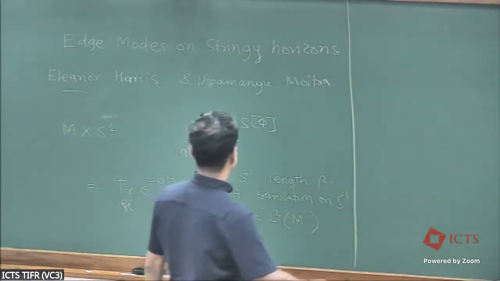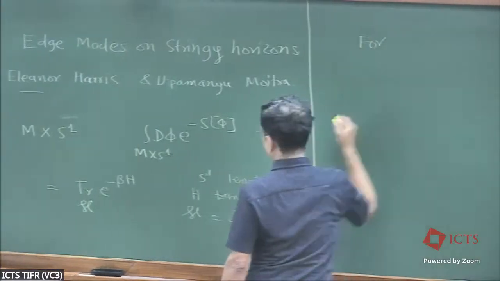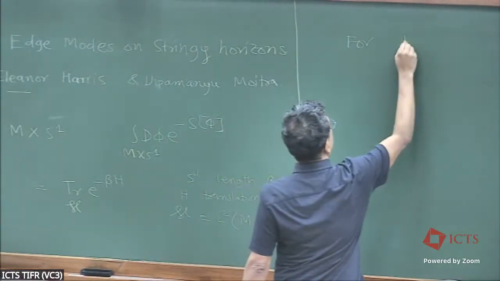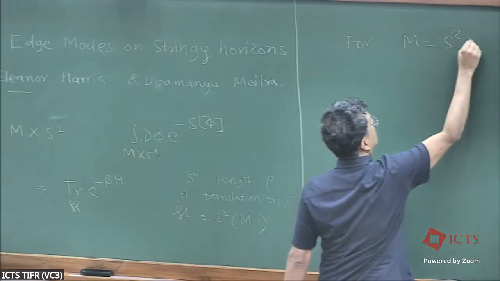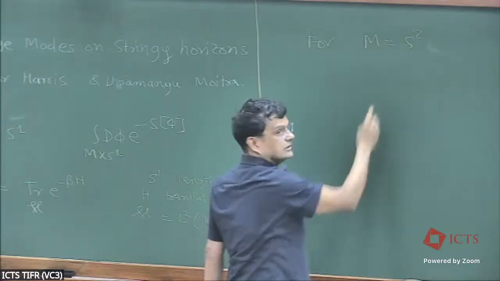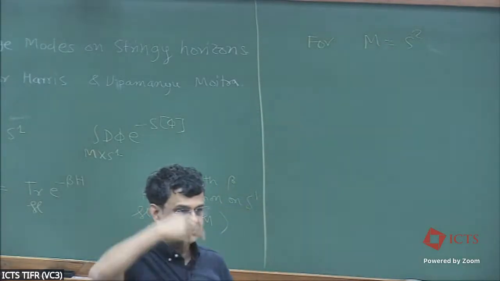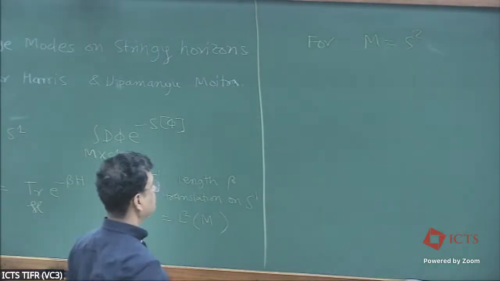But if I give you some generic manifold, so for example, you can take M to be S2, and then your wave functions are living on S2 and your time is translating around S1.